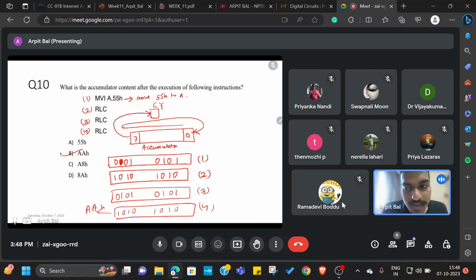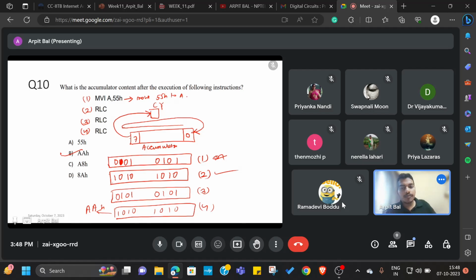In this question, we could have stopped directly here itself, without even bothering about the other two instructions. The reason is that the pattern 0 1 0 1 0 1 0 1 is a repeating pattern.